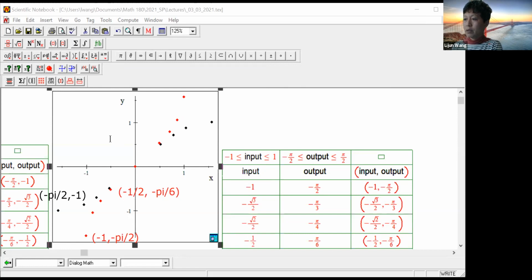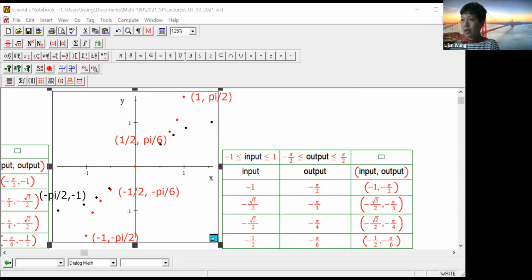And this red is 1/2, pi over 6. This one, this red, is 1, pi over 2.